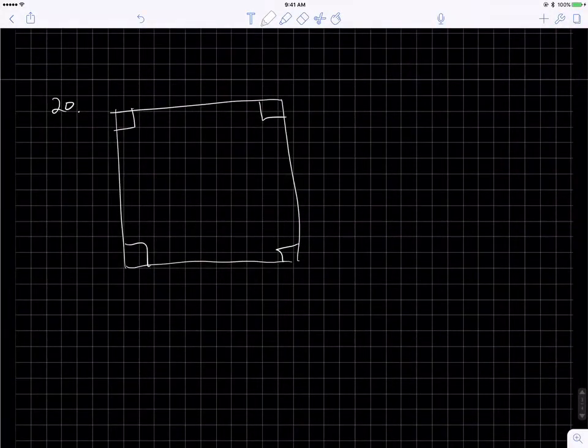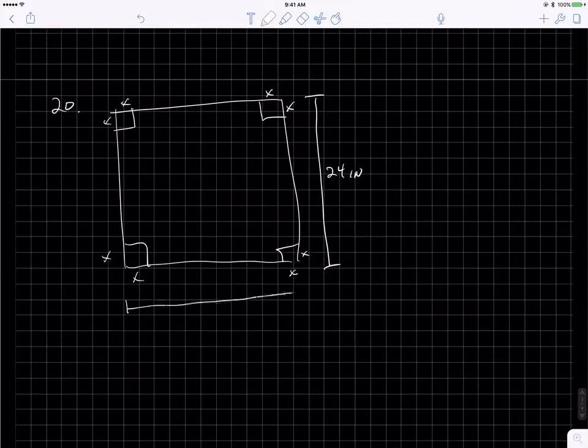Okay, on 20 there's a box, a piece of paper that we're going to fold to make a box, so we cut out squares of x and then fold. The paper is 24 inches by 24 inches. That means this distance from here to here is actually 24 minus 2x, because you have an x on each side.